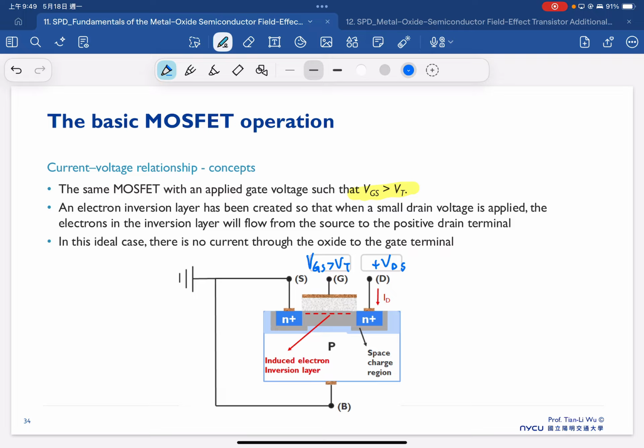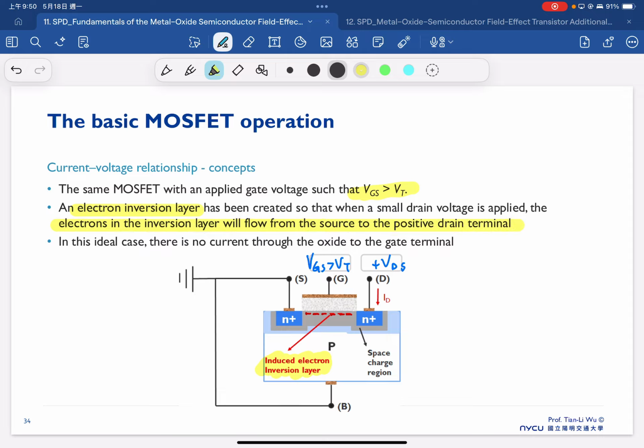Because VGS is larger than VT, we can expect an electron inversion layer to be created, as shown here. So the induced electron inversion layer has been created, and when a small drain voltage is applied, the electrons in the inversion layer will flow from source to the positive drain terminal.